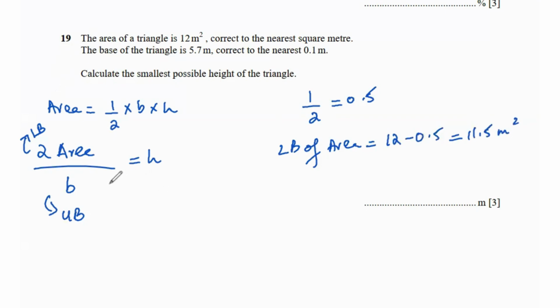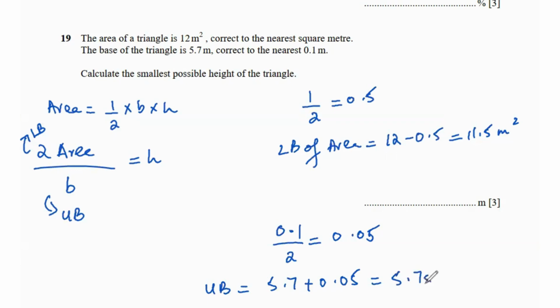Now for the base, it's 5.7 meters to the nearest 0.1 meters. So 0.1 divided by 2 is 0.05. Then we do 5.7 plus 0.05, because we're trying to find the upper bound of the base. So that's going to be 5.75 meters. So it's going to be 2 times 11.5 over 5.75.